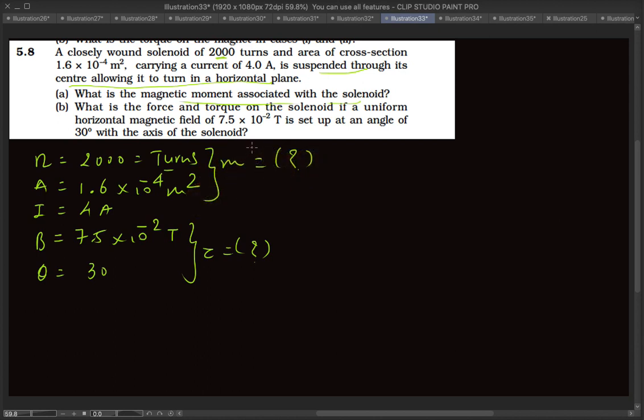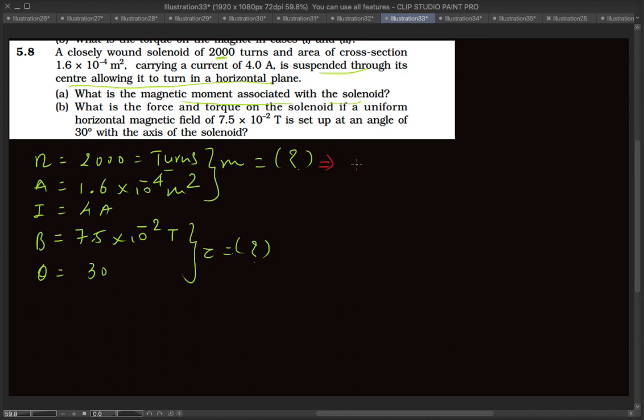Even though they haven't mentioned finding the magnetic dipole moment, there is no other way; without that, it is not possible. Here in our data, they have directly given us the area, and that is why our task is quite easy.